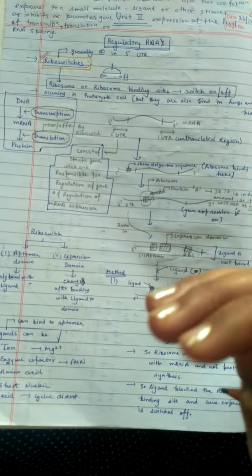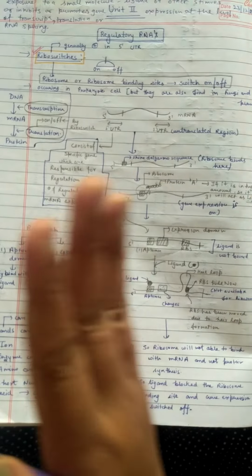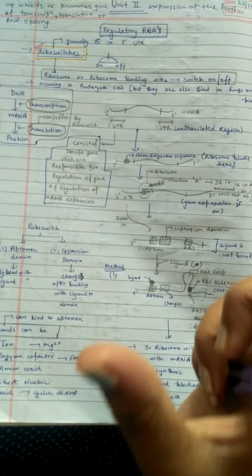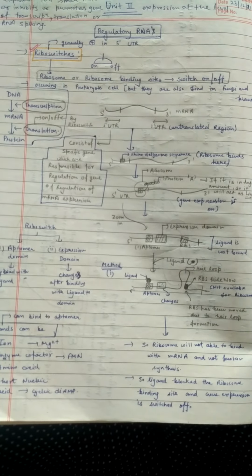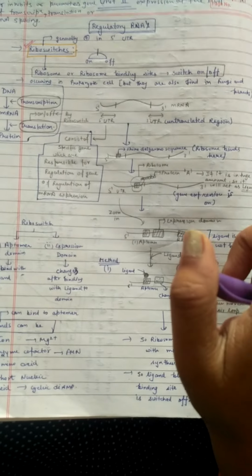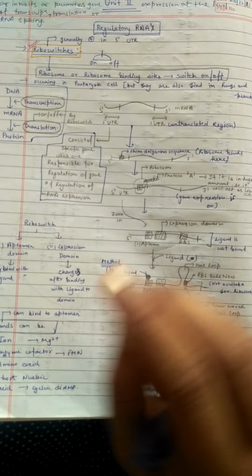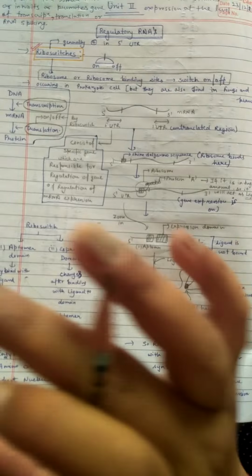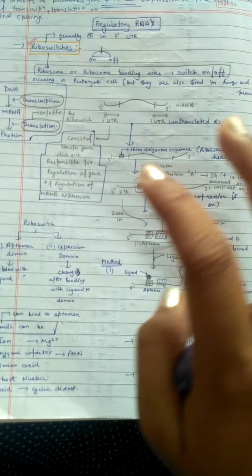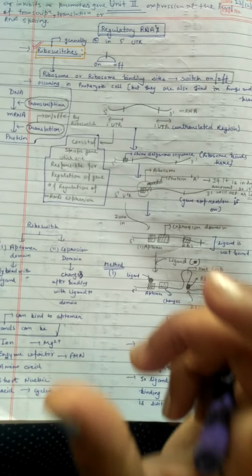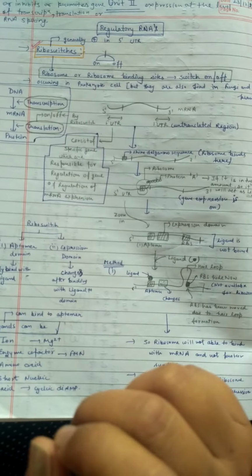As you all know, during transcription we have a product, that is mRNA from the DNA, right? And from translation we get another product, that is protein, which can be a regulatory protein. So what happens in the mRNA structure is that there is a site where the ribosome can bind.